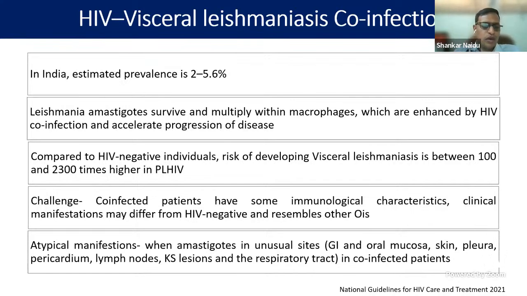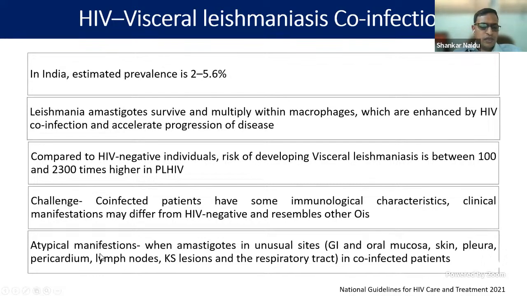There would be challenges in co-infected patients because certain immunological characteristics resulting from HIV infection may result in different manifestations of leishmaniasis in PLHIV compared to non-HIV patients. Sometimes these atypical manifestations can resemble various other opportunistic infections, resulting in misdiagnosis as a different OI and inappropriate treatment for those OIs.